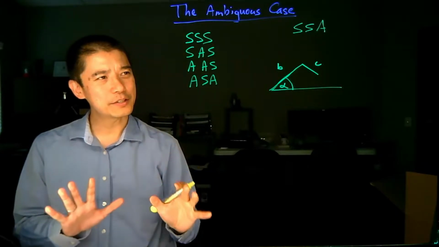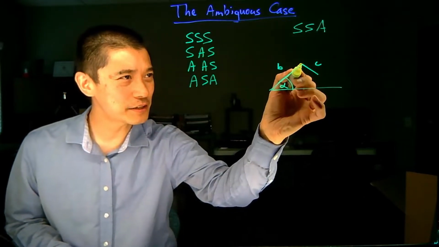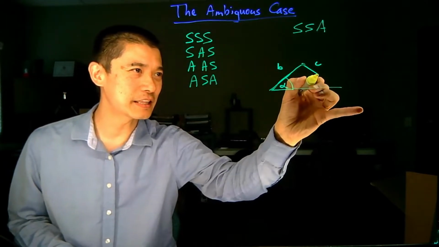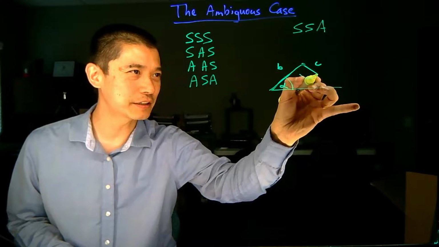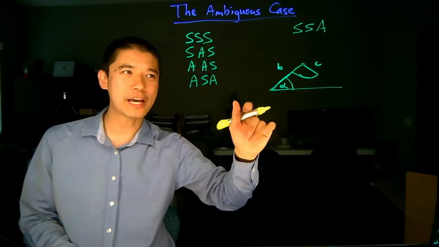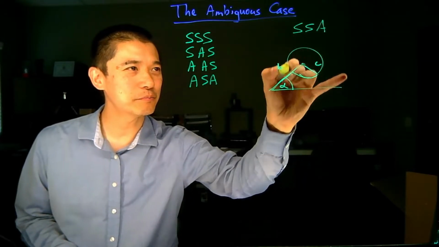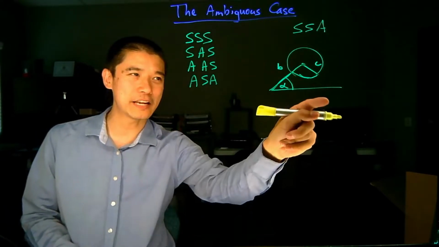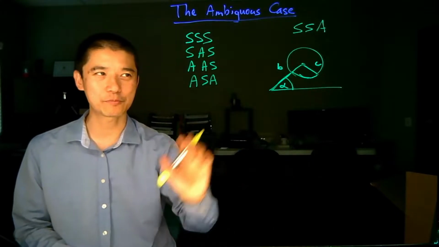And if you look at this, you will notice that if we imagine this corner here being a hinge and letting this bottom part swing freely, you'll see that if c is too short, we don't get a triangle. This little leg right here isn't long enough to actually connect back up to this part to make the triangle with these properties.